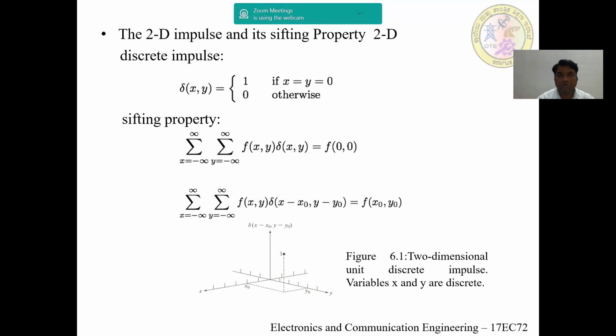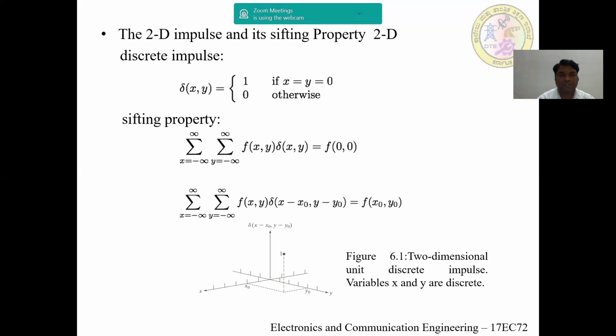When x is equal to 0 and y is equal to 0, the impulse value becomes 1. For all other values of x and y, delta of x comma y is equal to 0.